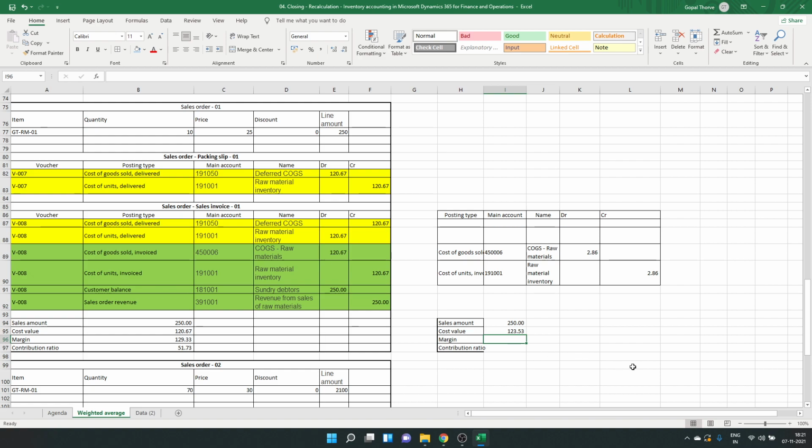My margin definitely will change, and my contribution ratio, which is my sales amount minus my cost value divided by sales amount, is revised to 50.59.